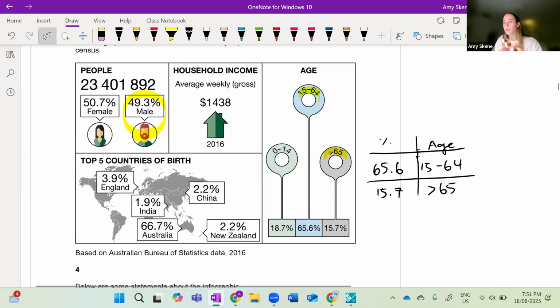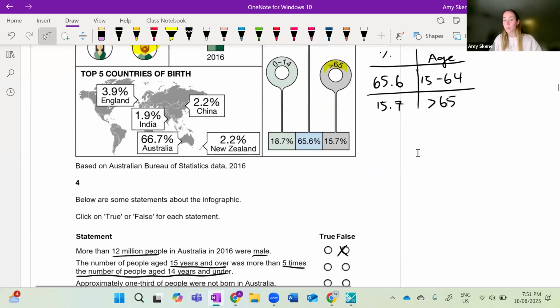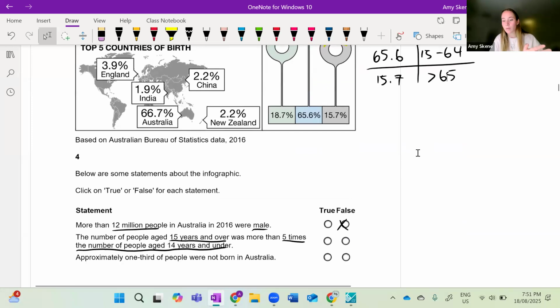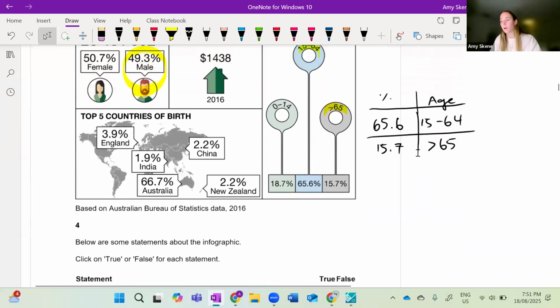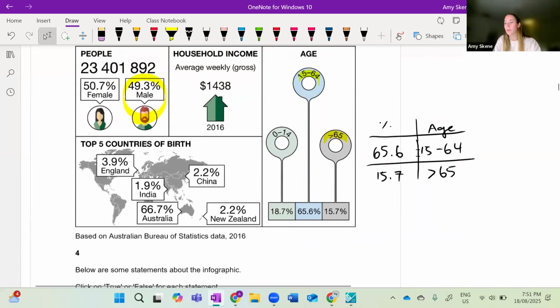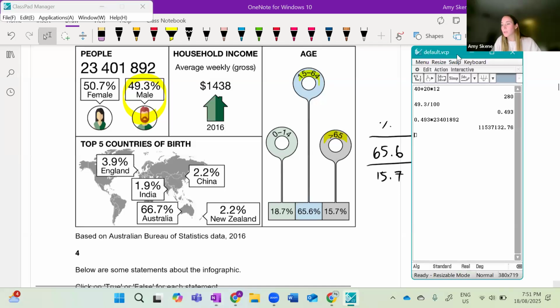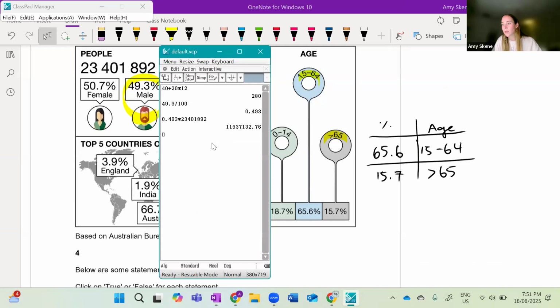Those are both included in what I want to calculate. And remember, what I want to calculate is the number of people 15 years and over. So this will encompass people 15 years and over. So I may as well just start by calculating the percentage over 15.